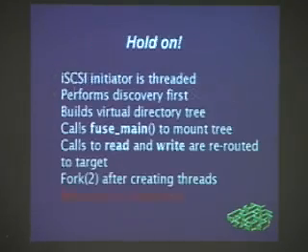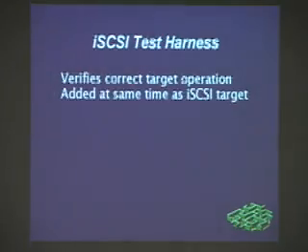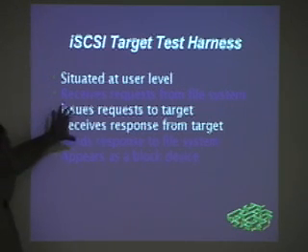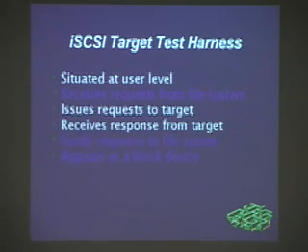One of the things we had was the iSCSI test harness. This is what I used to test the target as it was being developed. It basically verifies the correct operation of that target, and it was added at the same time as that one. It sits at the user level. It issues requests to the targets and receives responses from the target.